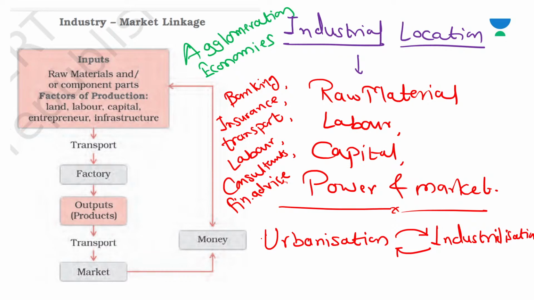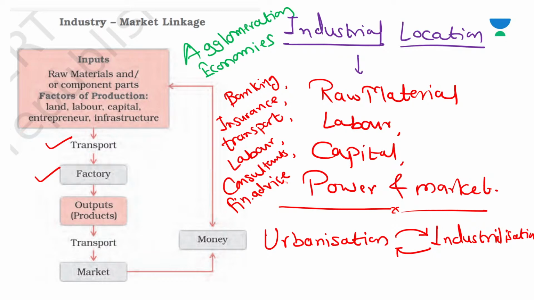Now see the industry market linkage: the raw materials and component parts, factors of production like land, labor, capital, entrepreneur, infrastructure, then transport, factory, the output of products, again transport, market, and the money cycle.